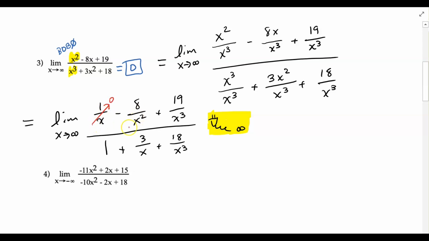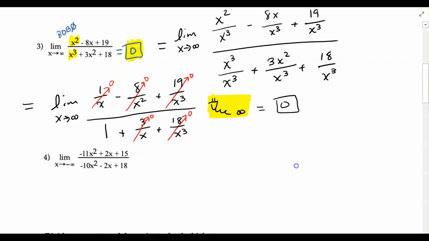What about $8 divided by 1,000,000,000 people squared? Again, relatively nothing. Same thing goes for the 19. All of these end up going to 0. And you end up with something like 0 divided by 1, which is just 0. But of course, way back over here, we knew that was going to be the case because we used a little shorthand trick, our mnemonic, Bobo Botno eats DC.